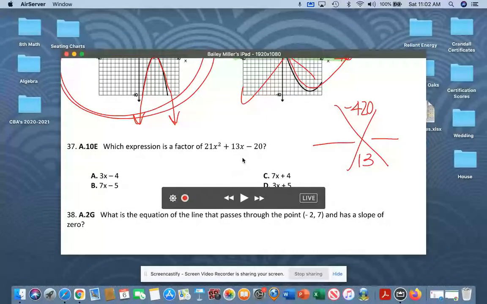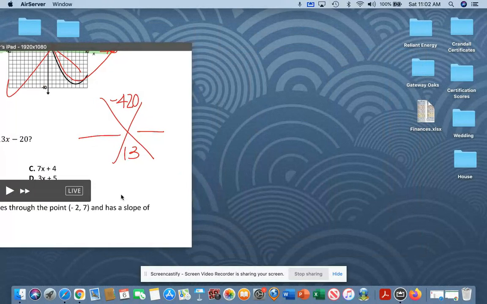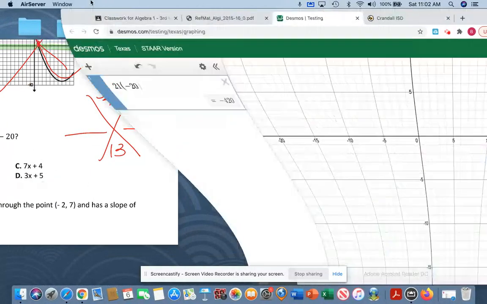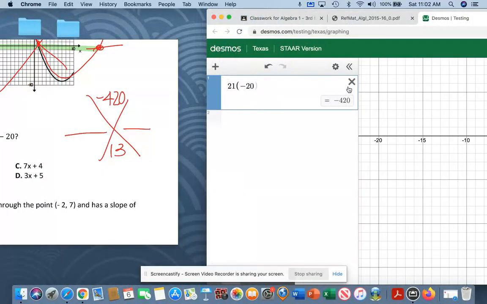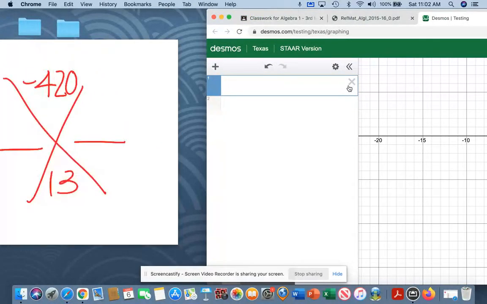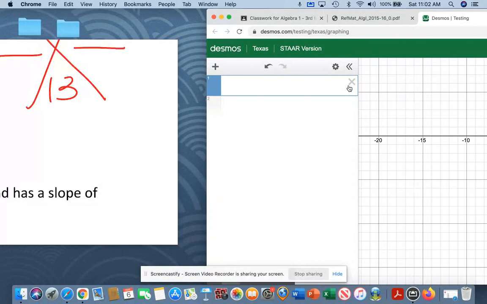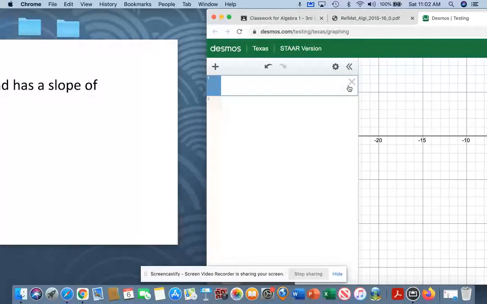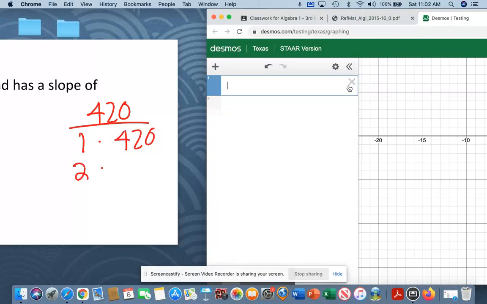I am going to need my calculator for this, y'all. Okay, I'm going to write these out somewhere. So I can have 1 and 420, 2 and 210, 3 and 140, 420 divided by 3, does that work?